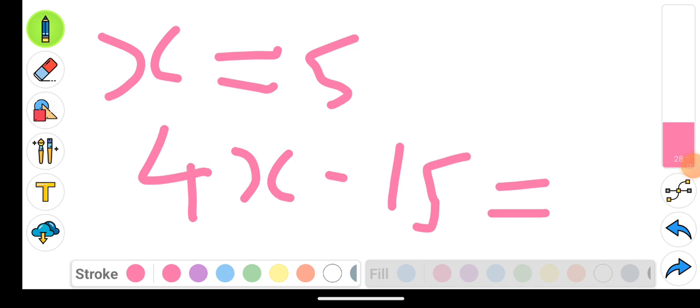Okay, you see 4x, it says 4x, and by the way, the x is just drawn like that in algebra. In algebra, x equals 5, and the 4 is 4x.